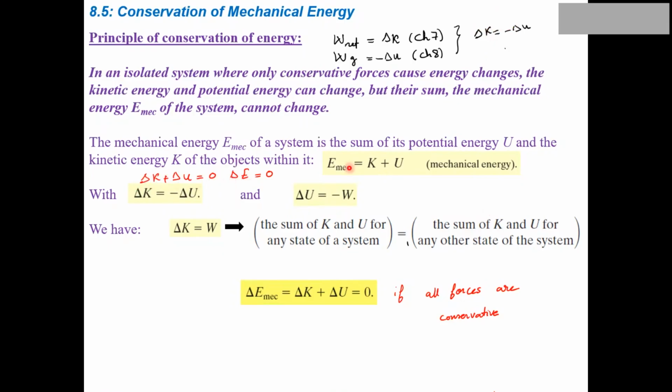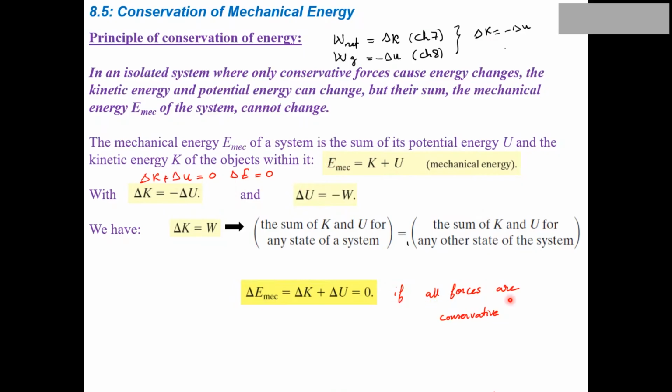So I will define the total mechanical energy to be the sum of kinetic plus gravitational potential energy. And one thing I can deduce is, if I only have gravity acting on the object or spring force only acting on the object, then delta E should be equal to 0. So I put a condition here.